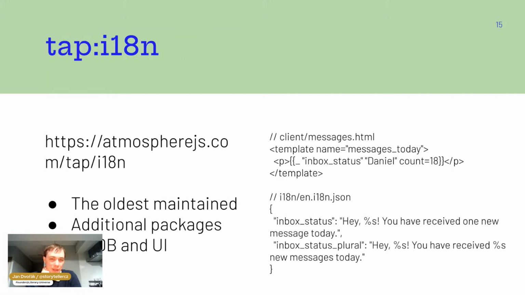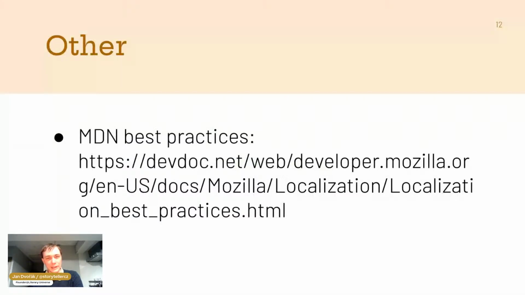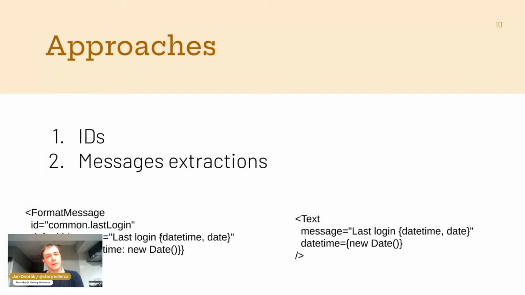There's Tap i18n. You can see I very much dislike these inputs. The beauty of the ICU message syntax, as you can see here, is that you can also format things like dates, numbers, plurals, and so on.